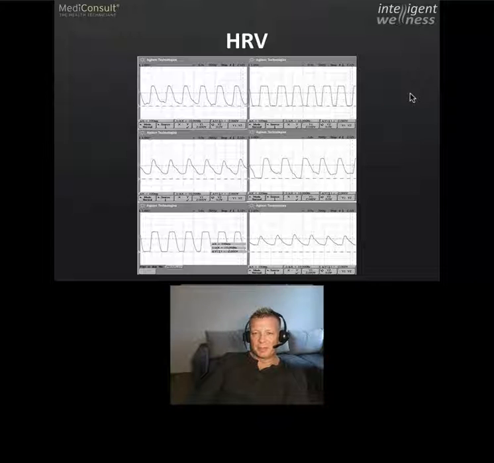Heart rate variability gives you a very clear picture about the status of your autonomic nervous system. That's the sympathetic, parasympathetic system, whether it's in balance or whether it's already out of balance. So it's actually a very good parameter to determine how you react on external stimuli. In our case, the stimuli caused by the imore with the magnetic field application.